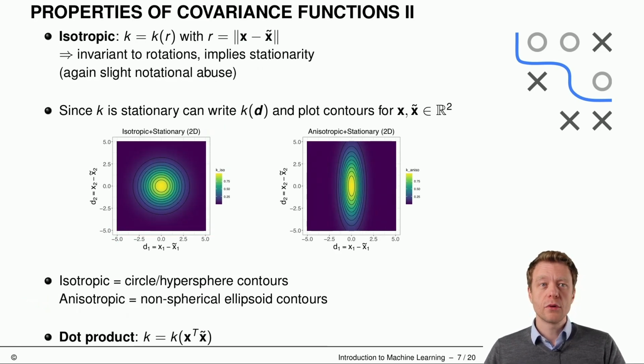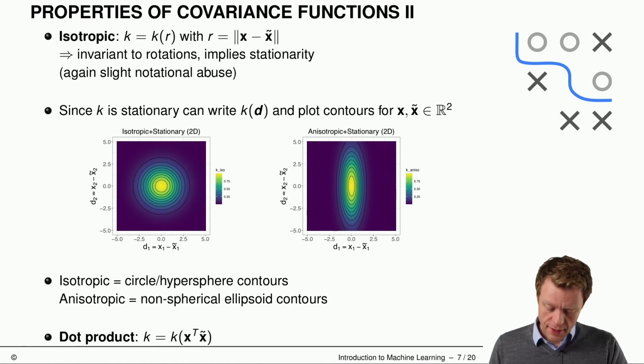The second important property that a covariance function can have is isotropy. A kernel is isotropic if we can write it not only as a function of the difference of two points, but as a function of the length of this difference, so as a function of the distance of the two points.